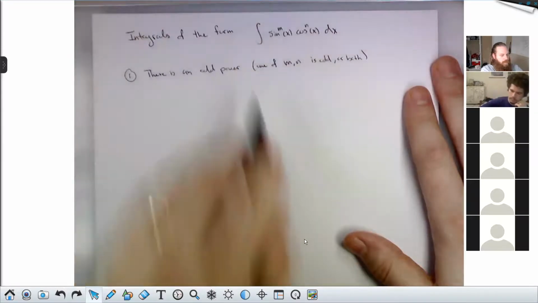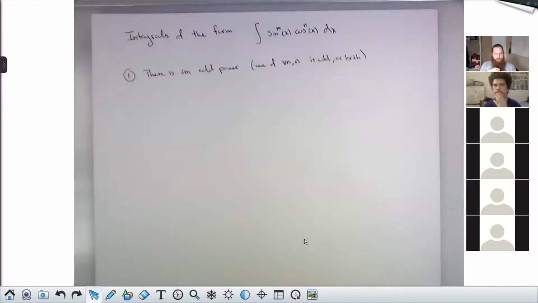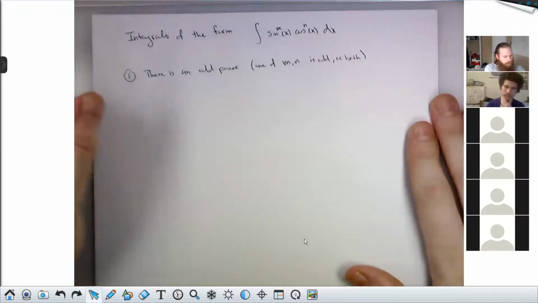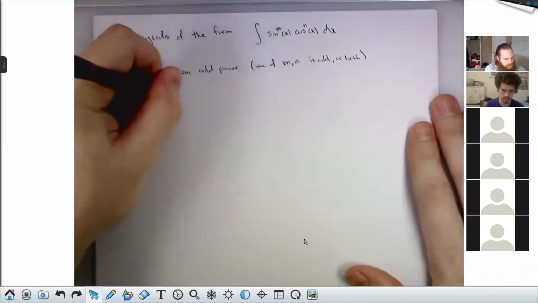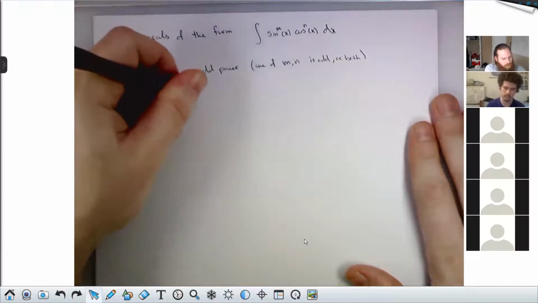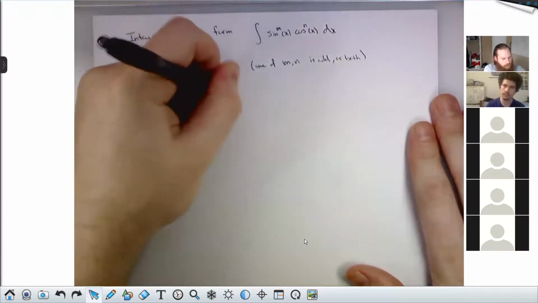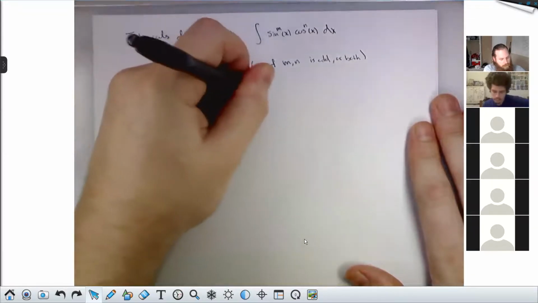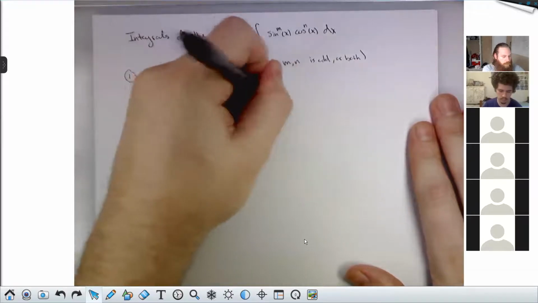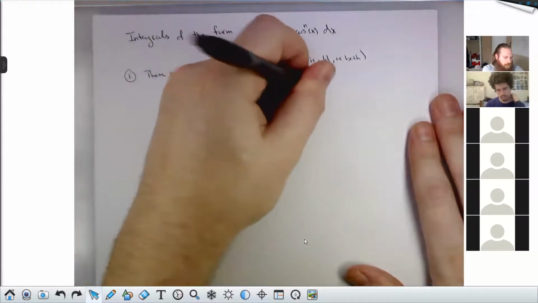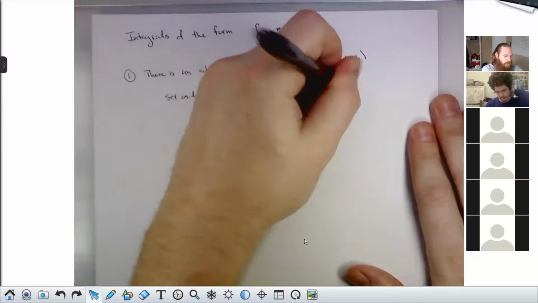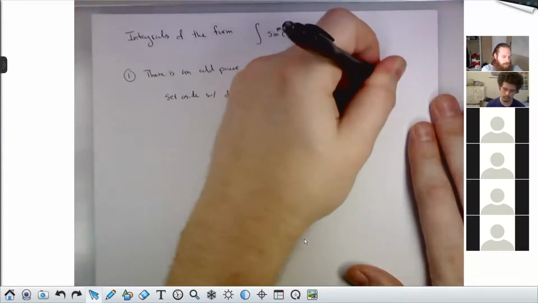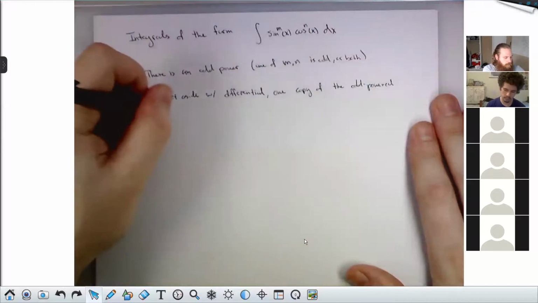All right, this is the mathematical form. If there is an odd power, then you set aside with the differential one copy of the odd powered function.